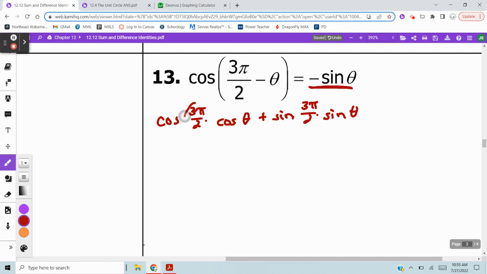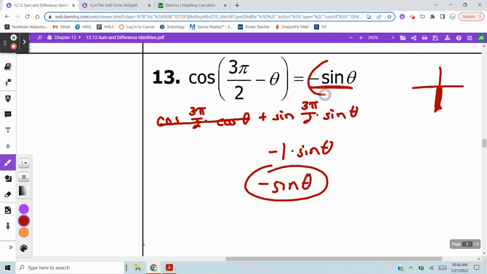Now, 3 pi over 2, that's 270 degrees. That is a quadrantal angle. That's right here. The cosine of that 270 is 0. 0 times anything is 0. The sine of that angle is negative 1. So you have negative 1 times the sine of theta, which does equal the negative sine of theta. So they do match up.